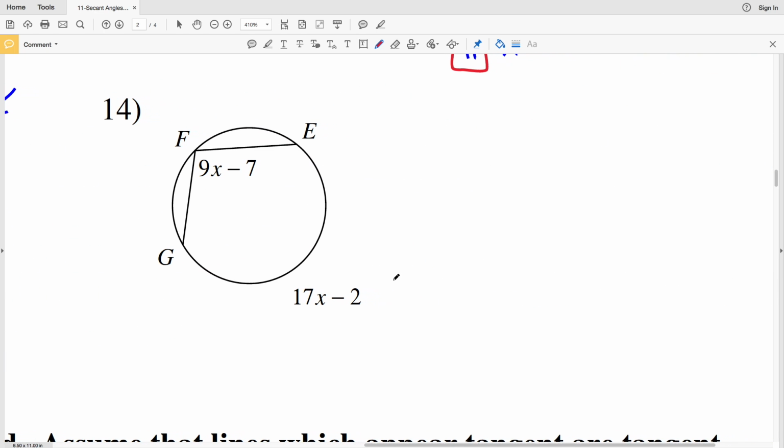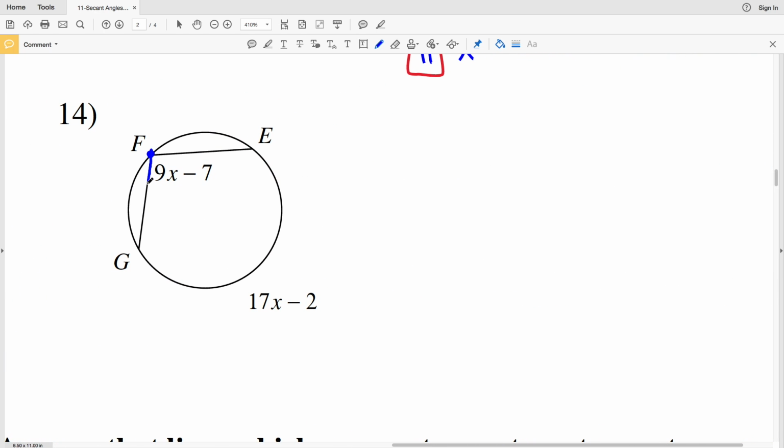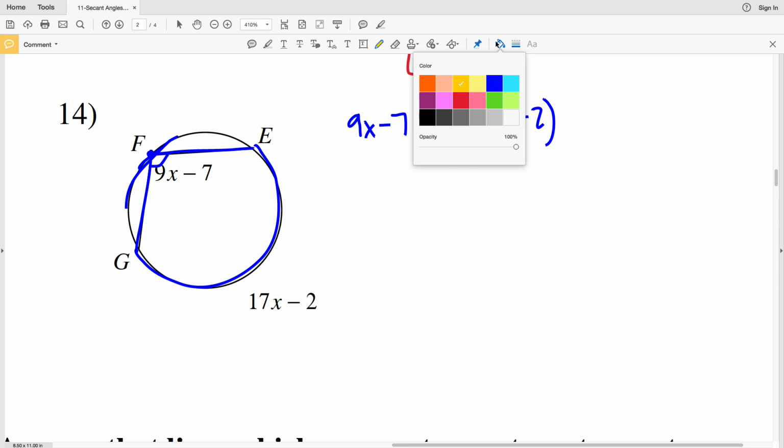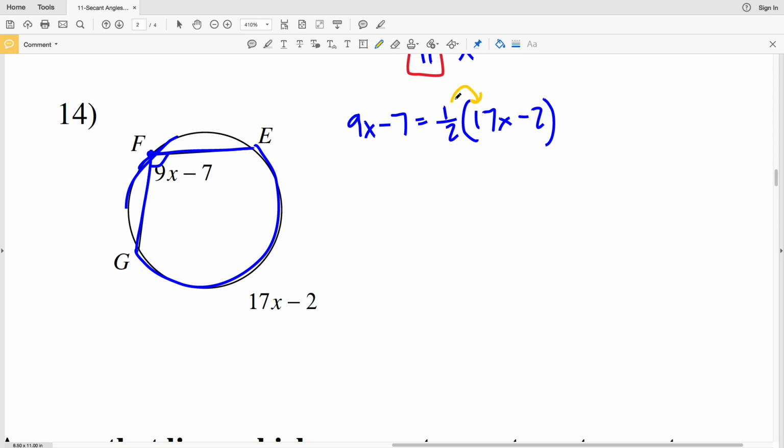And lastly, for this set of directions, number 14. Again, the chord's intersection occurs on the edge of the circle. So the angle, 9x minus 7, is going to be half of the measure of the arc, 17x minus 2. In this case, I'll start by distributing 1/2.